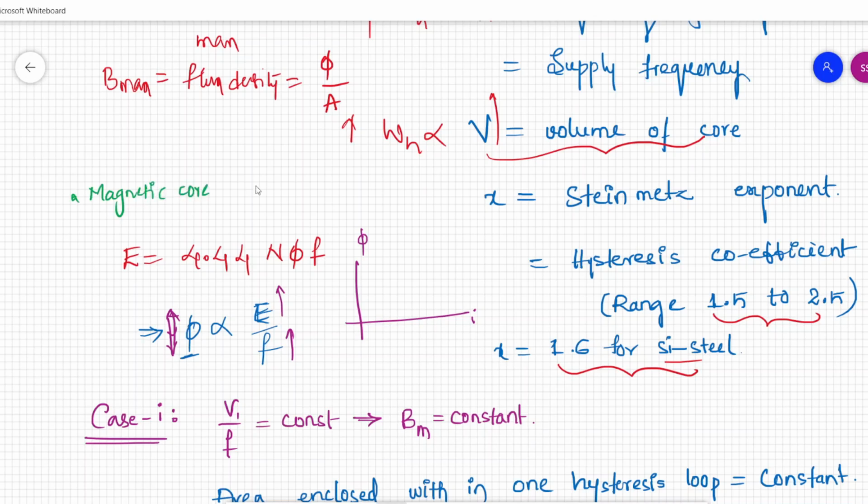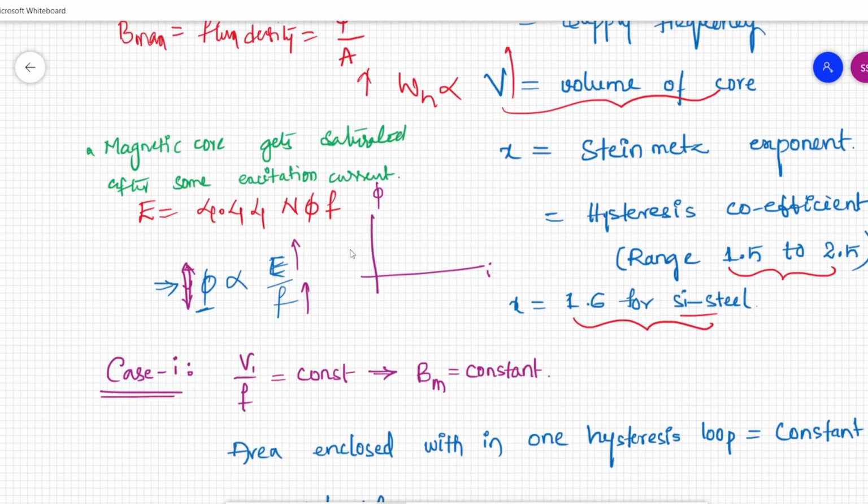The magnetic core gets saturated after some excitation current. If you increase the current beyond this excitation current, there will be no increase in the flux of the core, because the core is saturated. It cannot give the flux you require. It will give as it is rated, it won't give beyond that limit. That is called the saturation limit.